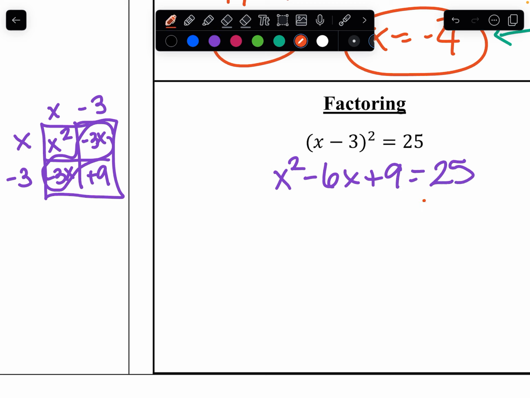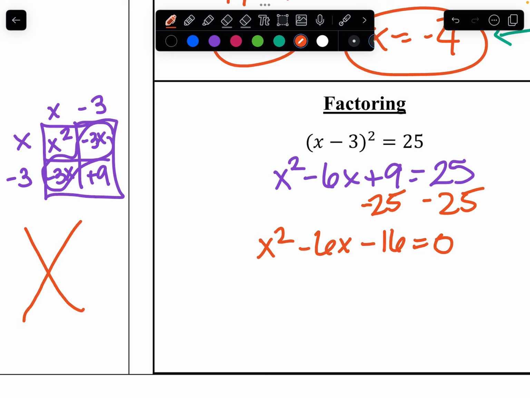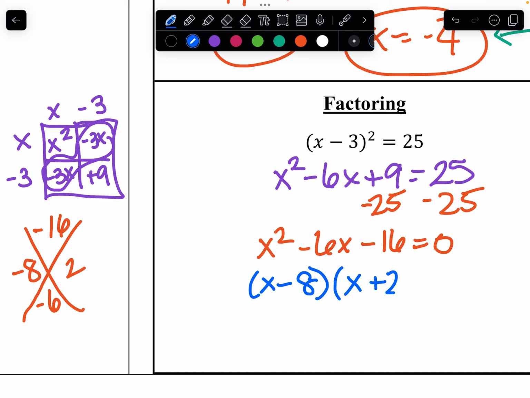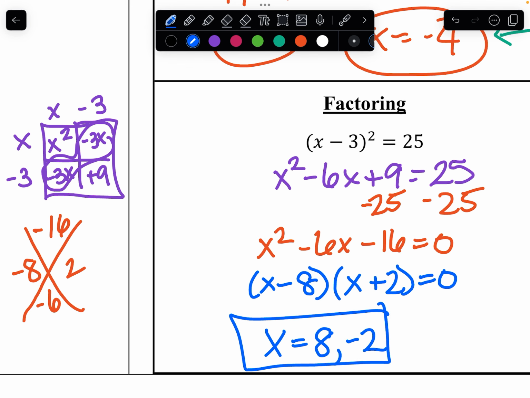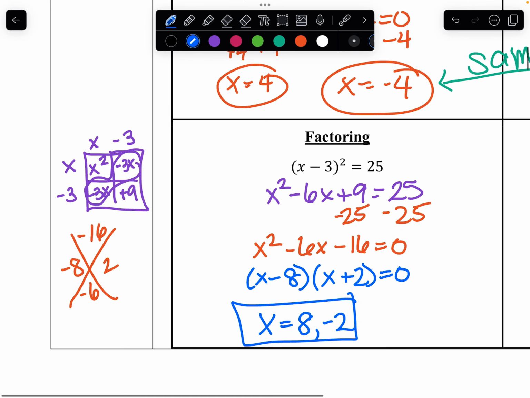We can then subtract 25 from both sides to get x squared minus 6x minus 16 equals 0. Then do the big X method to get negative 16, negative 6. We would get negative 8 and 2. And so our factored form would be x minus 8, x plus 2 equals 0. And then if we want, we can use our shortcut because we're running out of room. We can get 8 and negative 2. So that's big with factoring.